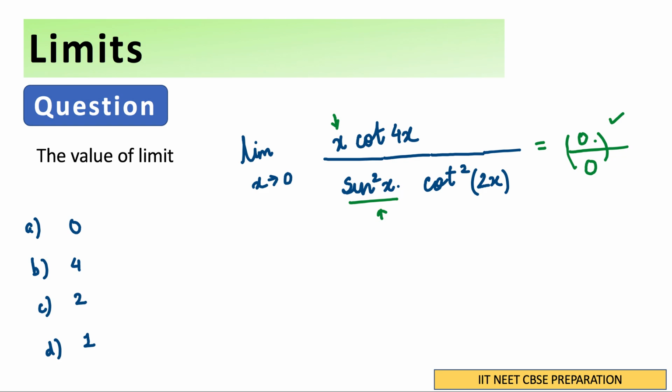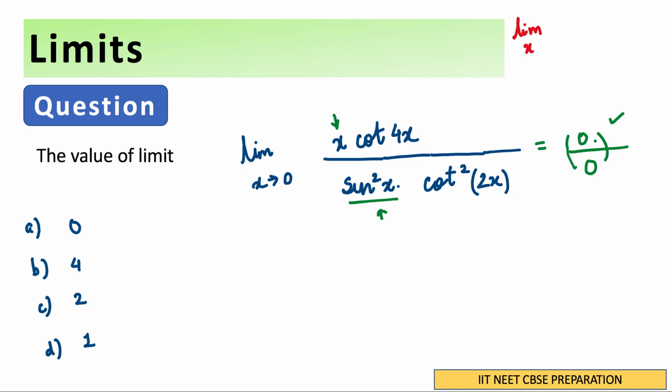So now let's see what kind of limits we have. We have sine x and cot x. If you remember, we have certain standard limits related to tan x and sin x. Let's figure out how we can use those limits in this question. First let us write down the formulas, so that those of you who have forgotten will also be able to remember.